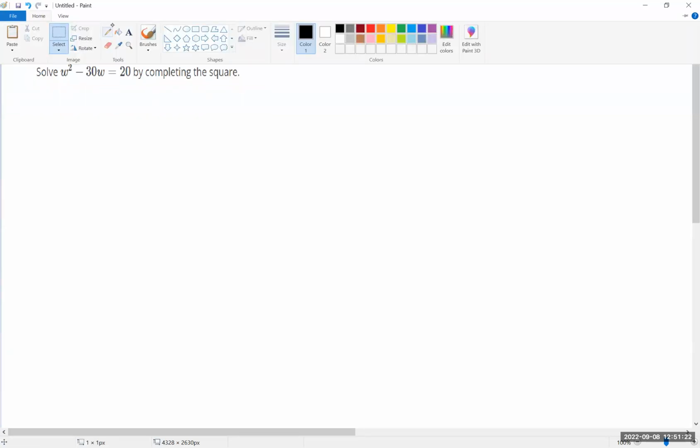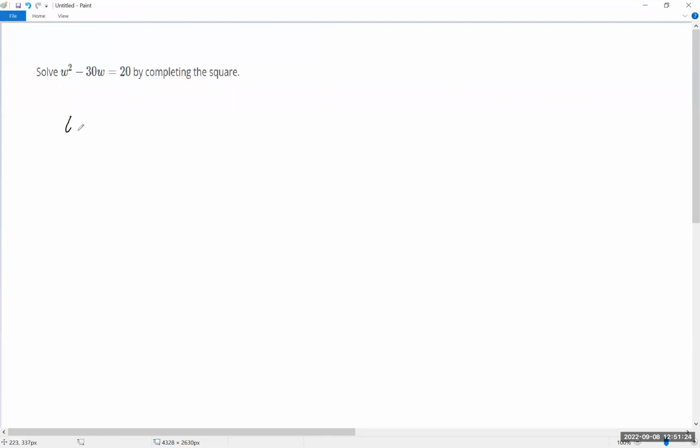All right, here's another one that requires us to complete the square. So I'm going to copy the problem. And I like to leave some space for whatever we're going to add and subtract, which is how I approach it. But we've got to take that negative 30 and divide by 2 and then square it, right?